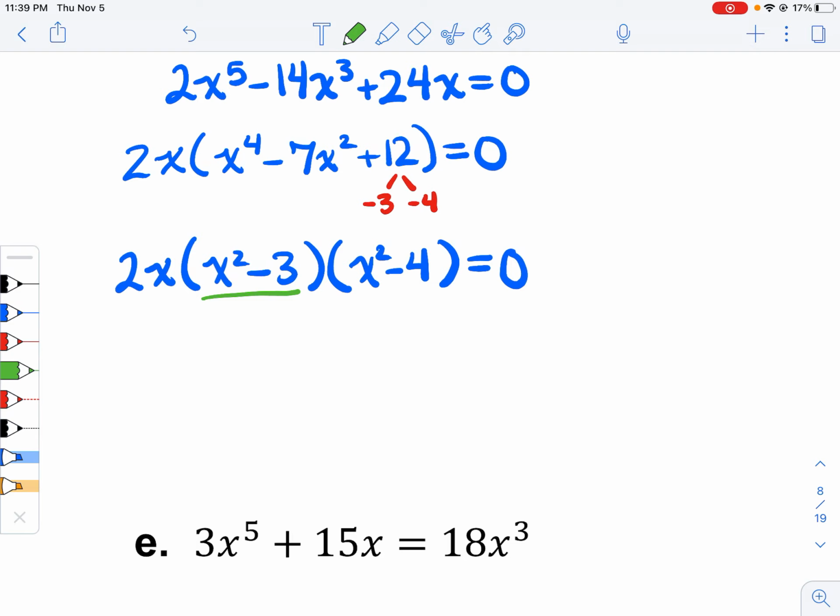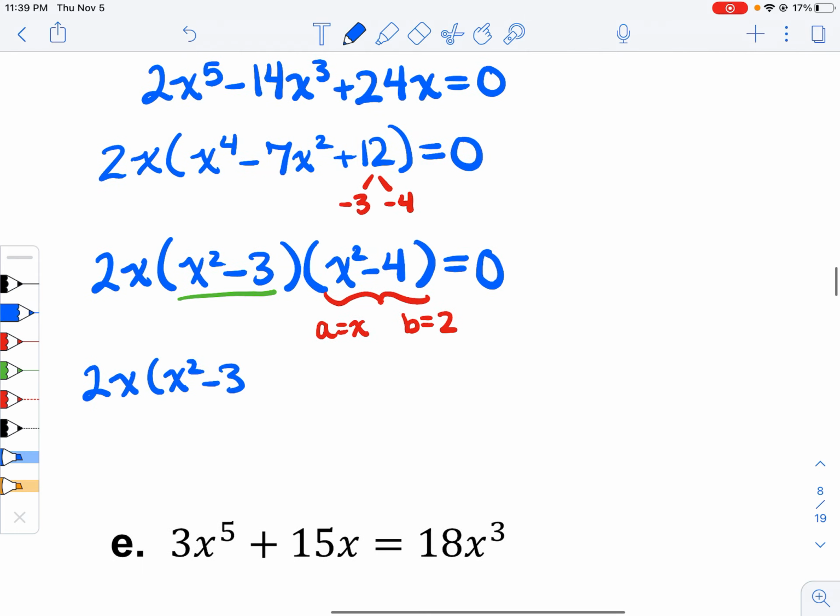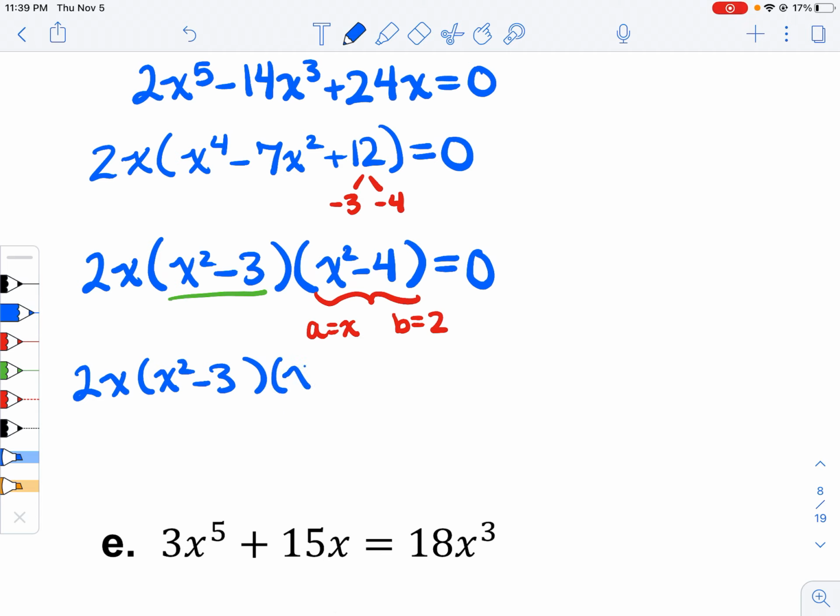This parenthesis is done because 3 isn't a perfect square, but this one is a difference of squares, where a is x and b is 2. So this will factor as 2x times x squared minus 3, and then this would be x plus 2, x minus 2, all equal to 0.